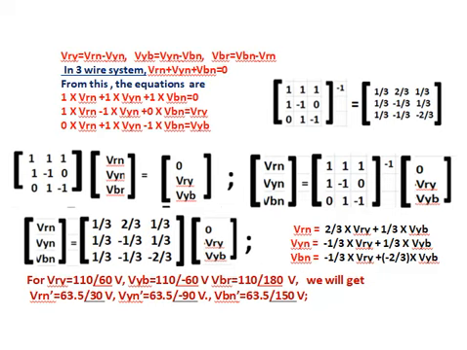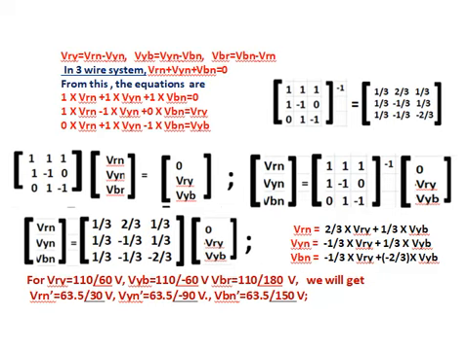From these equations, we can form the matrix [1, 1, 1; 1, minus 1, 0; 0, 1, minus 1] into [VRN, VYN, VBN] equals [0, VRY, VYB].